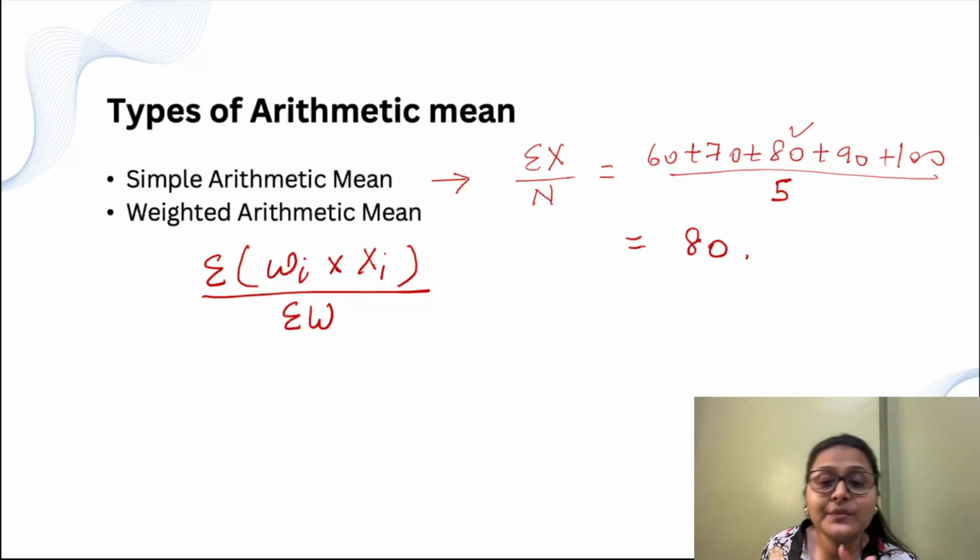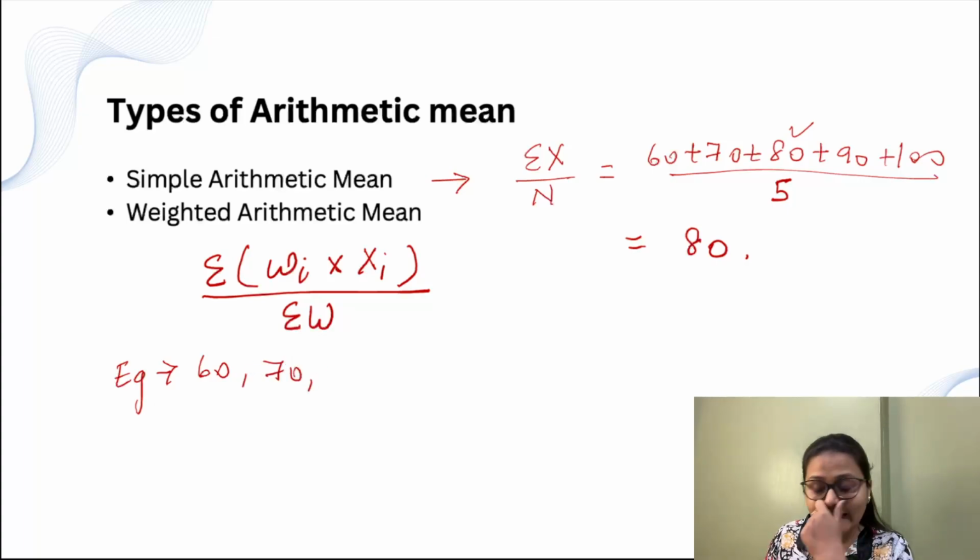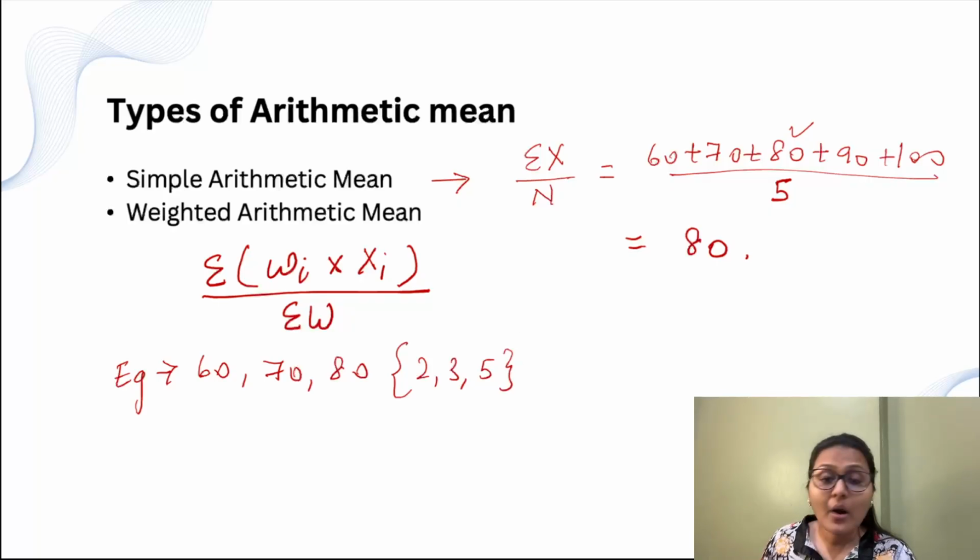So if in an exam the marks of the students are 60, then 70 and 80, and the respective weights assigned are 2, 3 and 5. Okay, these are the weights. Now how is this to be calculated?